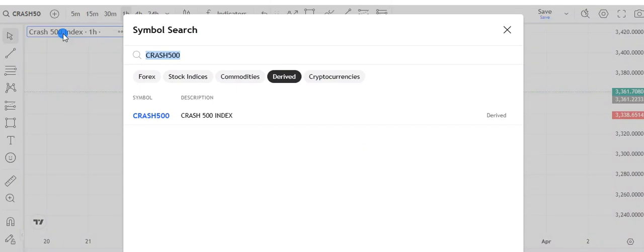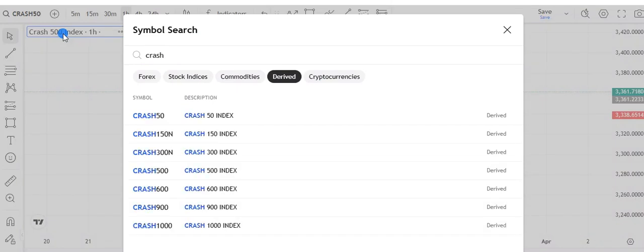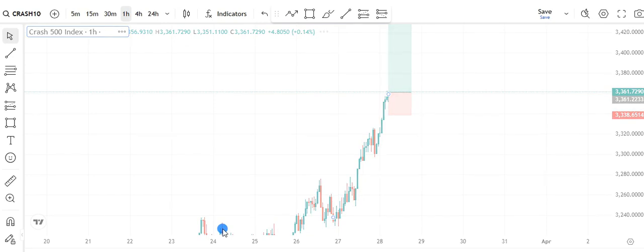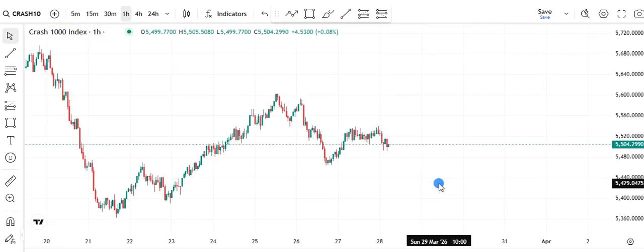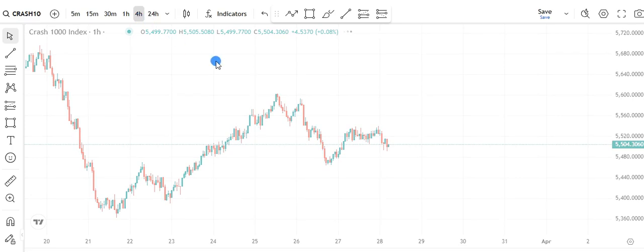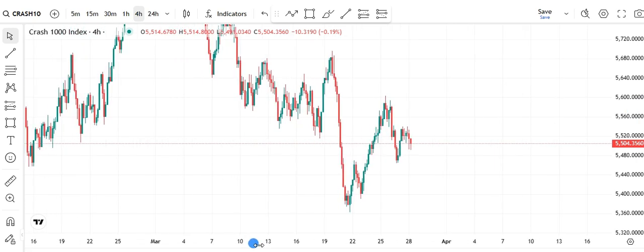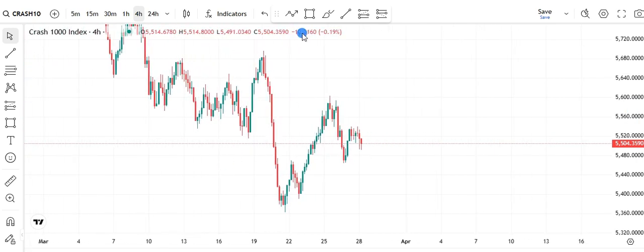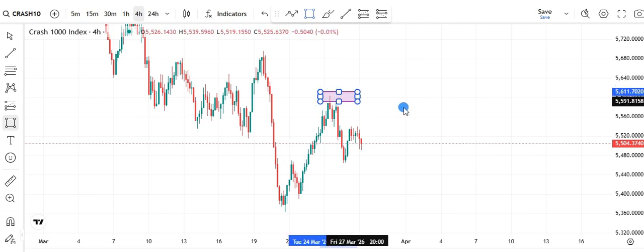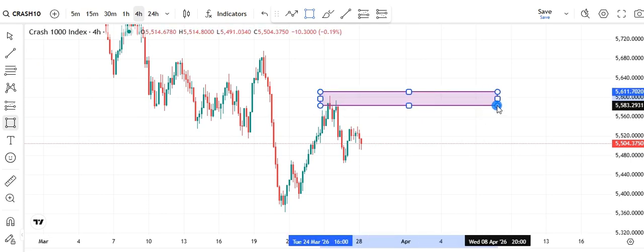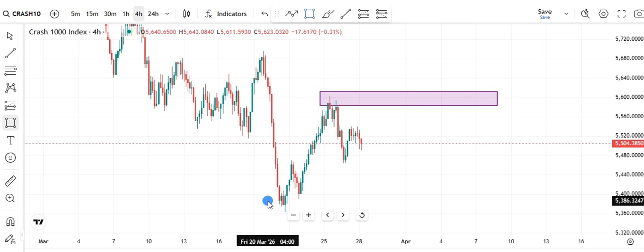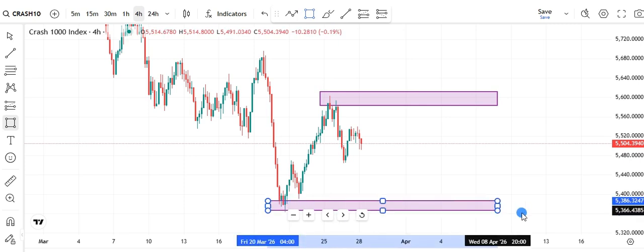Alright. So let's go to the final one, which is our Crash 1000. Previous level. A new level.